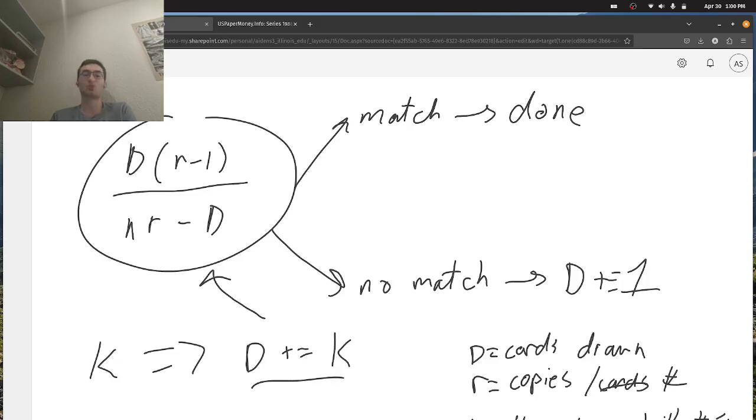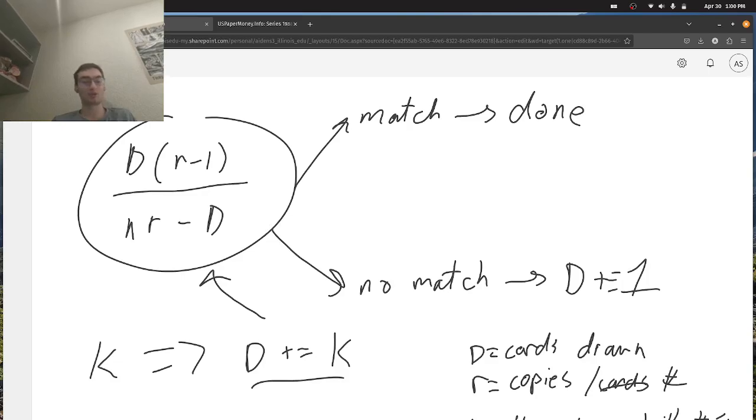That's equivalent to the total amount of bills that are not in your collection, that are still in circulation. So this is essentially the probability of getting a card that matches over getting any card whatsoever.